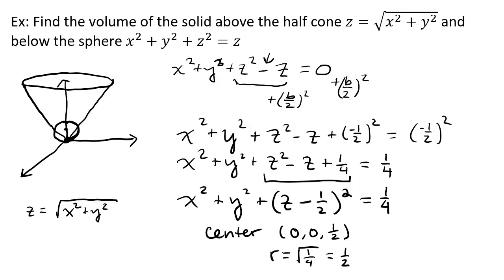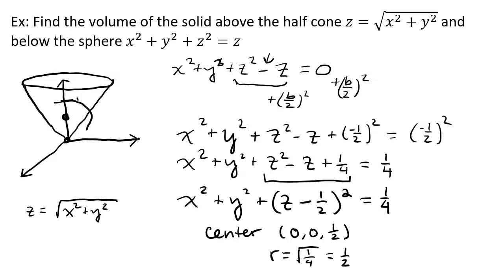And so when we draw this, let me change my scale on the z-axis to be able to see our picture a little bit clearer. Let's put 1 up here, it doesn't really matter for the cone, and then we'll put a half here.